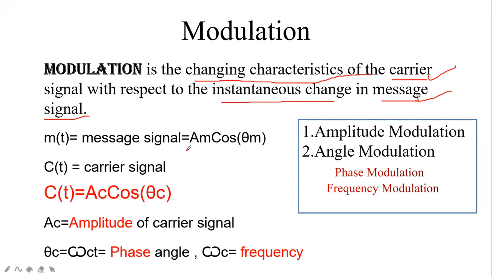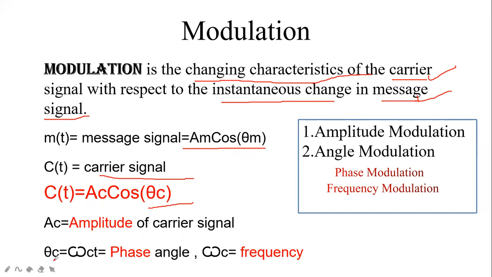You can write the message signal like this: Am cos theta m, where Am is the amplitude of the message signal and theta m is the phase of the message signal. For the carrier signal, you can write it like this: Ac cos theta c, where Ac is the carrier amplitude and theta c is the phase of the carrier signal.